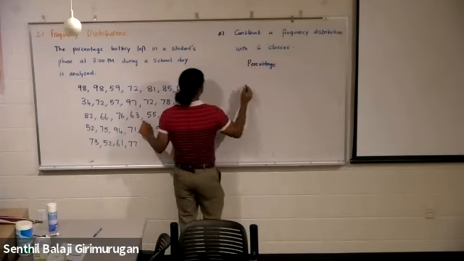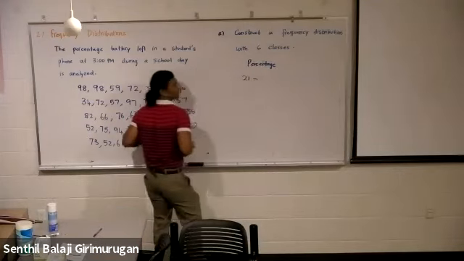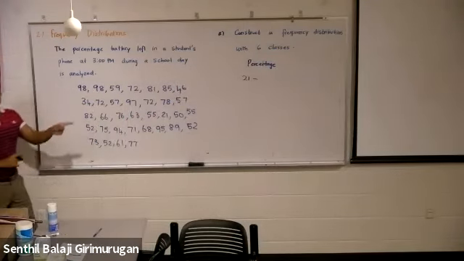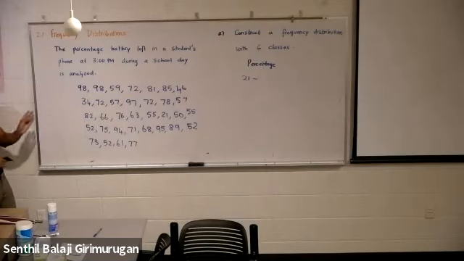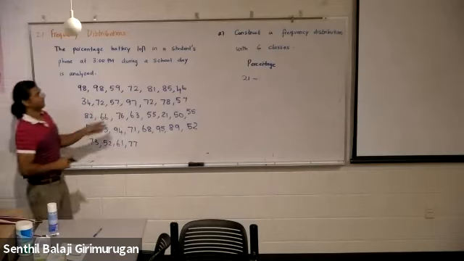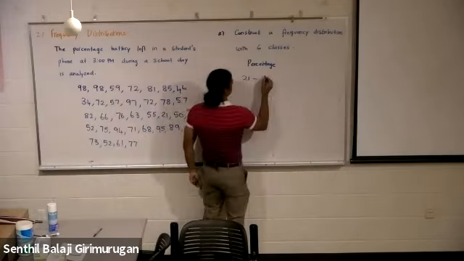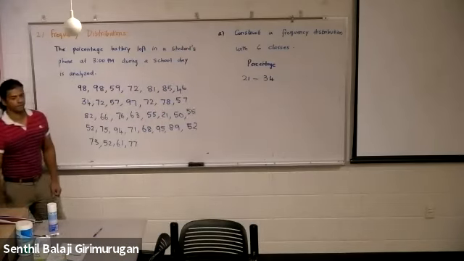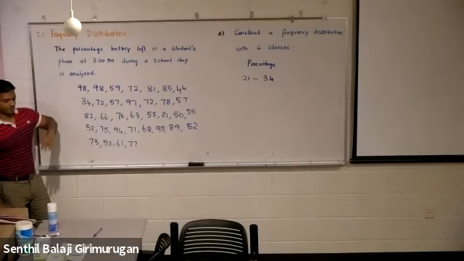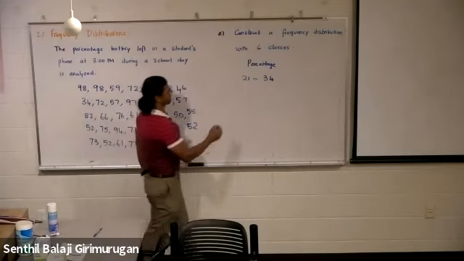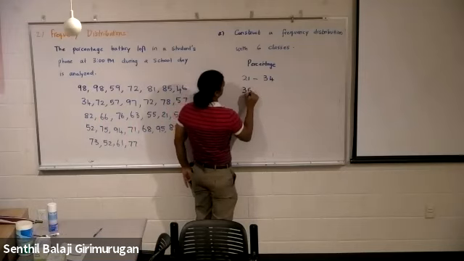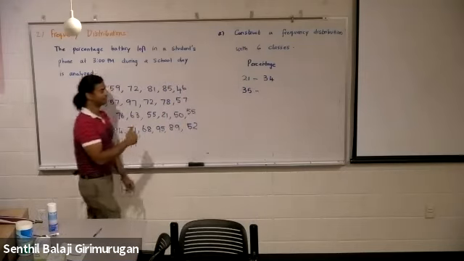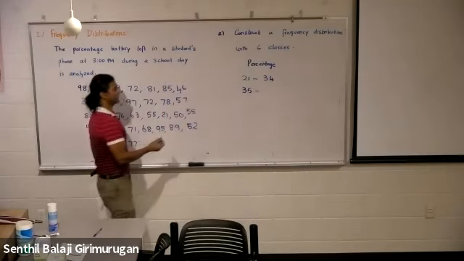The minimum value is 21. And we are going to add the class width to it, which would be plus 13. That would put us at 34. The next number, which would be 35. Add 13 to it, it will take us to 48.